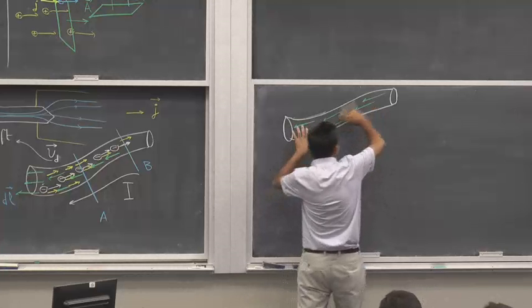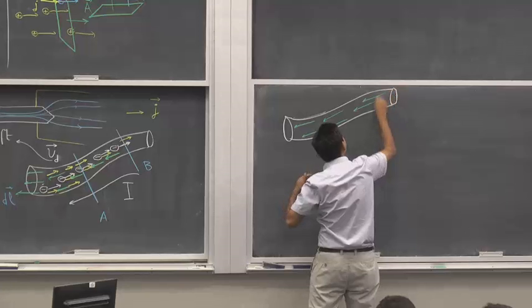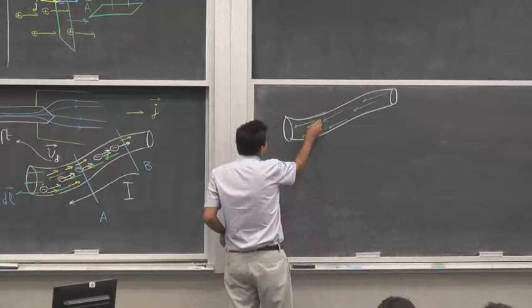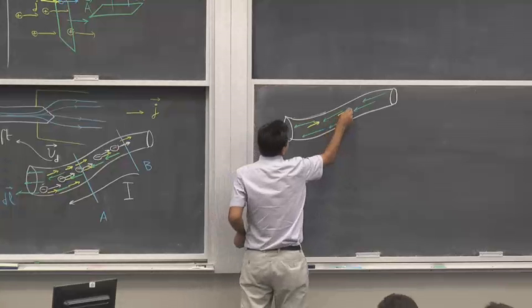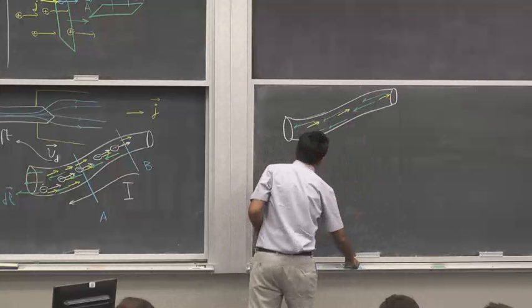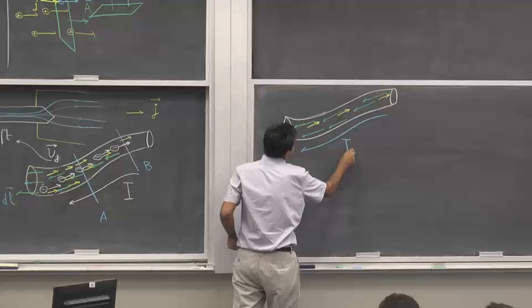So if this wire bends, the electric field also bends. But at each point there exists an electric field. That electric field causes a drift velocity of the electrons, which I'm denoting in yellow. And this on the whole causes a conventional current to flow inside this wire.